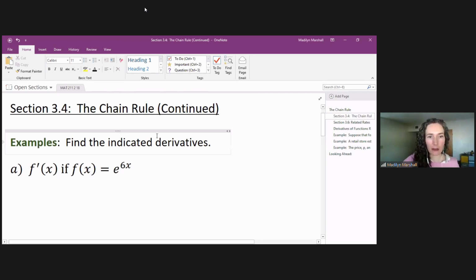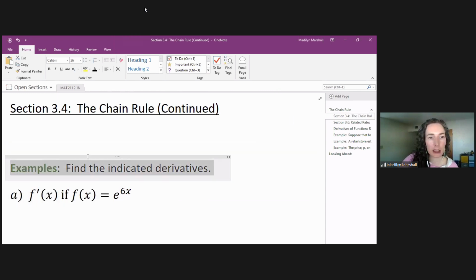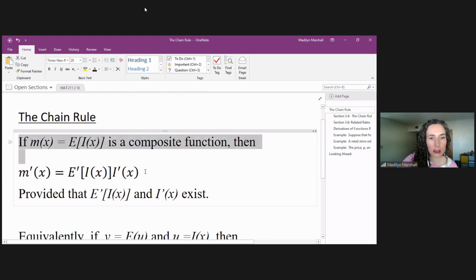So I want to start off with another exponential. And actually, I'm going to just copy and paste that definition here so it's handy.